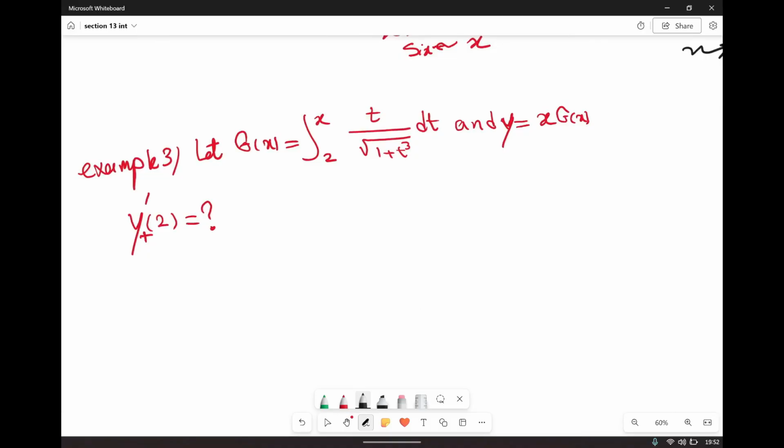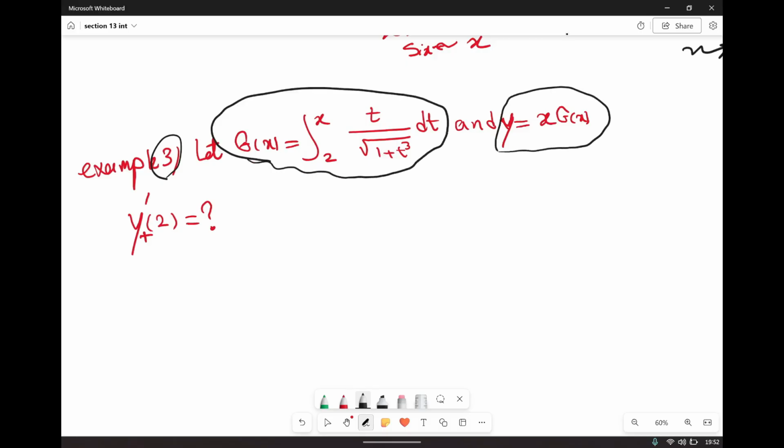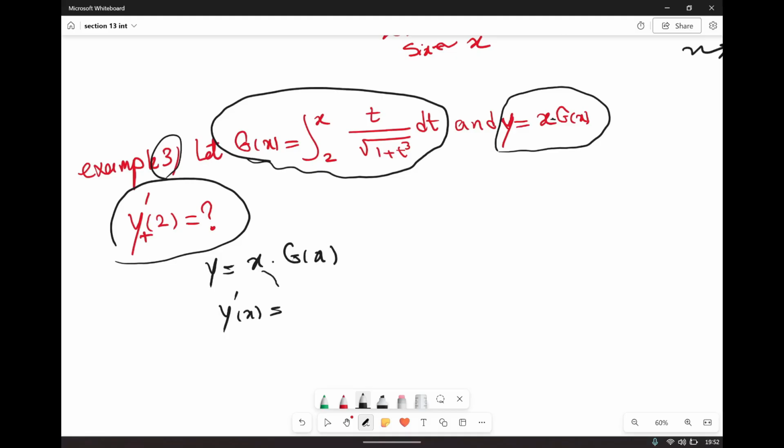Wow, another fabulous one. Question 3. Let J(x) be this integration and y be x times g(x), okay? We're going to calculate the derivative of the right side of y at the point 2. At the first, we know y is x times capital J(x), yes? If I calculate y prime with respect to x, the derivative of x is 1, therefore it is g(x) plus the derivative of this, yes, g prime of x times x.